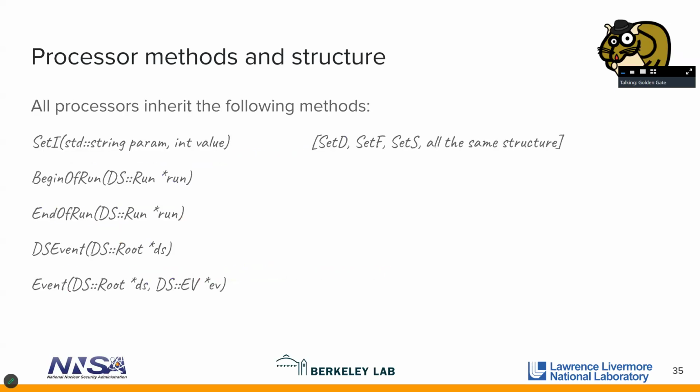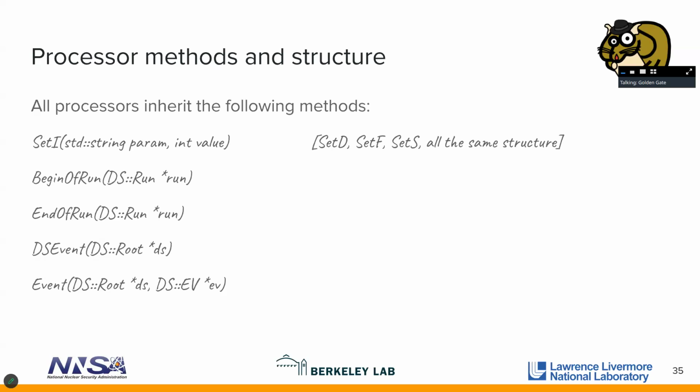All processors inherit a set of methods from the processor class that are fairly straightforward to use. There are these set methods, SetI, SetD, SetF, etc. These are what the proc set command are using. So let's say you wanted to allow the user to change a variable in your processor.